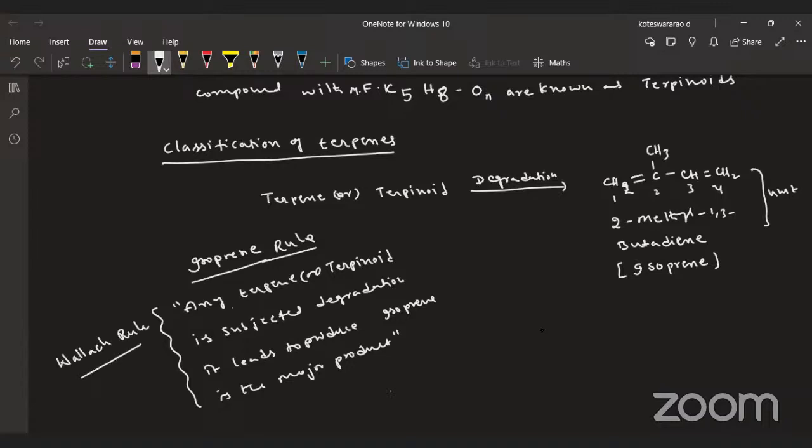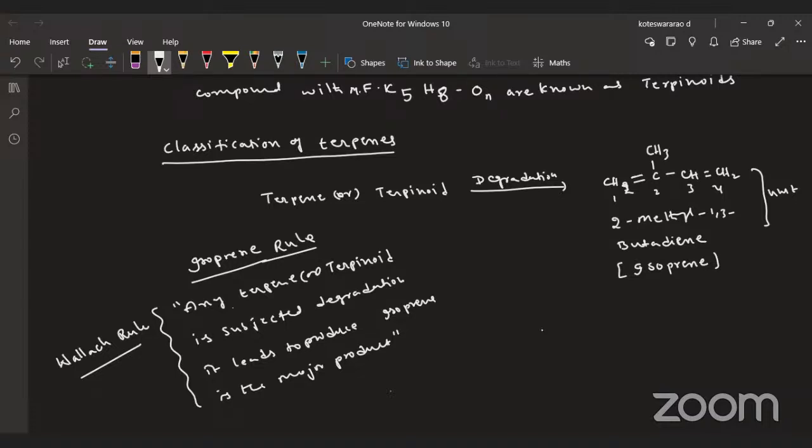All the naturally occurring terpenoids and terpenes are built up of isoprene units. It can be represented as isoprene, whose chemical name is 2-methyl-1,3-butadiene.